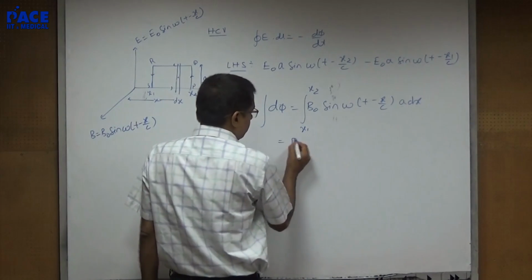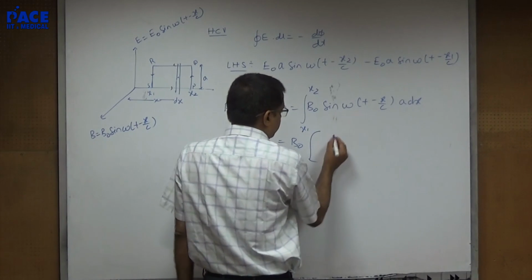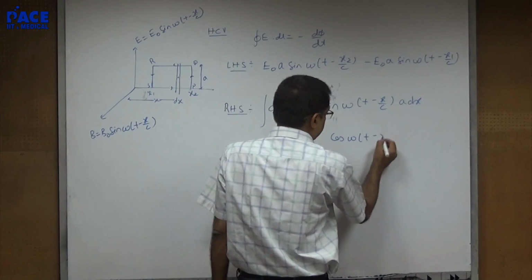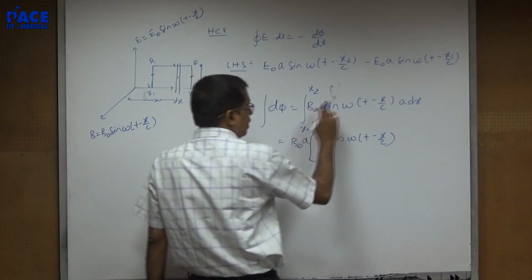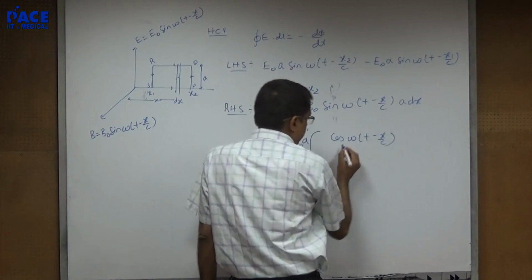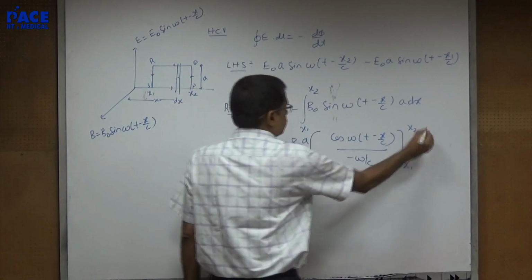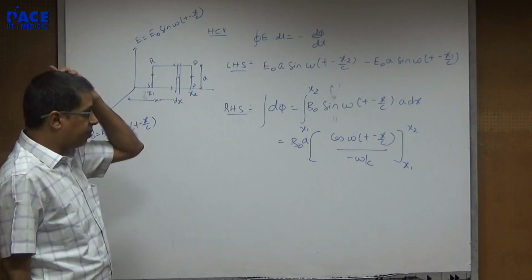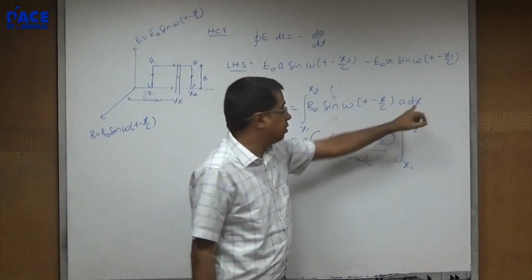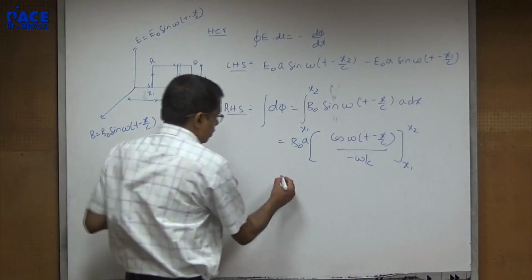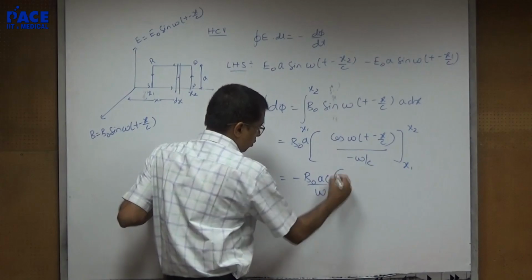Now this will become B naught, integral of cos omega t minus x by c. I will keep A outside. You are integrating with respect to x, so minus omega by c will come to the denominator, from x1 to x2. Is my integration correct? Keep an eye on the simplification. Minus of B naught AC by omega.